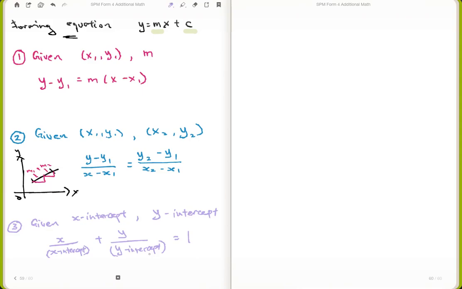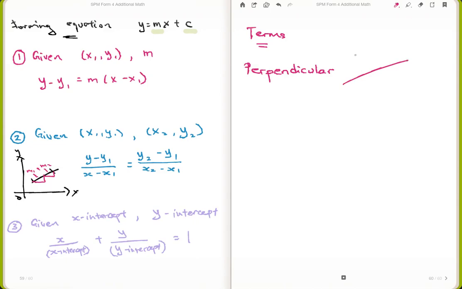In paper 2, also, there's something that you need to take note. Some terminologies. If you have one line perpendicular with another line, intersection, what does it tell? This point.